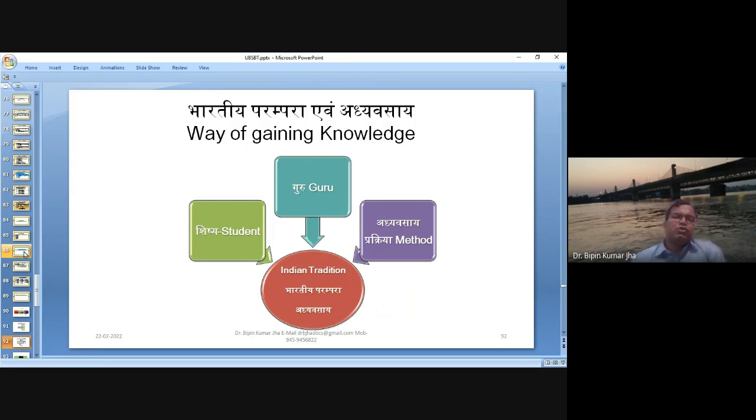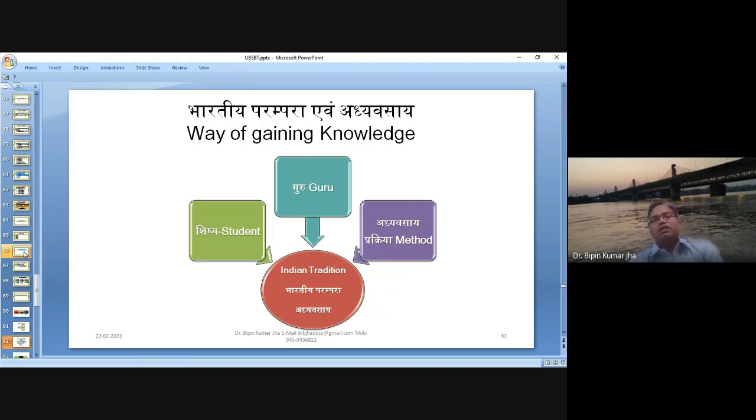So you need to understand the way of gaining knowledge in Indian tradition. You find there are three components. First one is the guru, who is the base pillar of this tradition or this process. And second one is shishya.